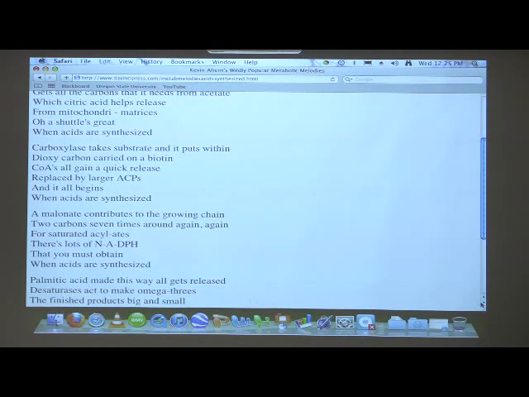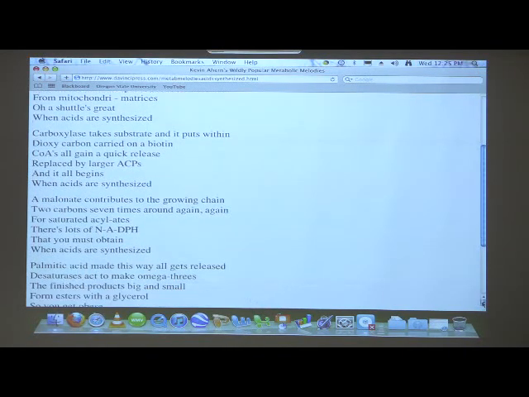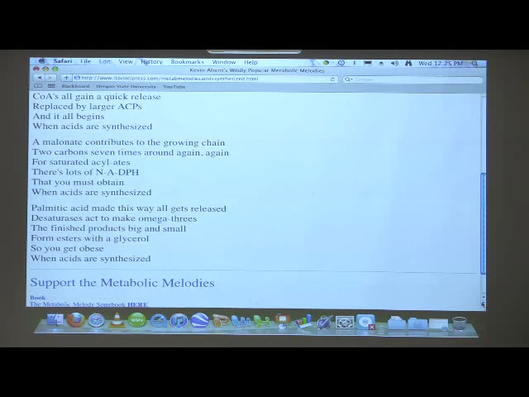A malonate contributes to the growing chain, 2 carbons 7 times around again. For saturated acylates, there's lots of NADPH that you must obtain when acids are synthesized. Palmitic acid made this way all gets released. Desaturases act to make omega-3s. The finished products, big and small, form esters with the glycerol, so you get obese when acids are synthesized.